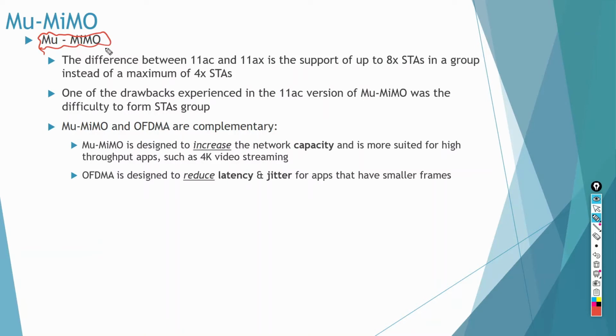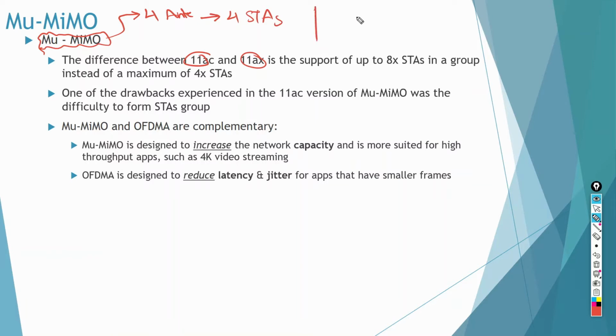So the difference between MU-MIMO in 11ac and 11ax is the following. In 11ac, we used to support 4 antenna elements, which means 4 MIMO antennas. If we use 1 antenna per user, then we would be able to support 4 STAs, or to transmit to 4 STAs at the same time.